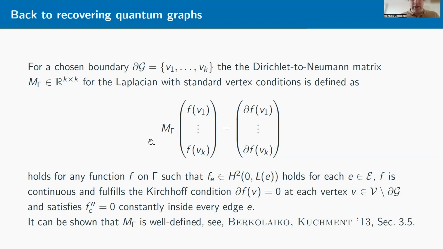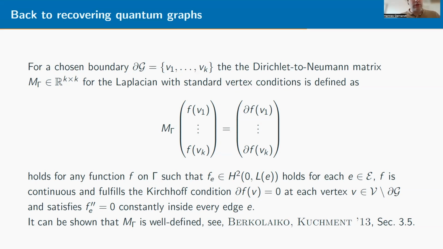And by considering, again, think of this construction using the harmonic extension. You can consider functions where the second derivative vanishes on each edge, and which fulfill the standard Kirchhoff conditions. That means that the sum of the derivatives is 0 at the internal vertices, and that I have continuity at the interior vertices.